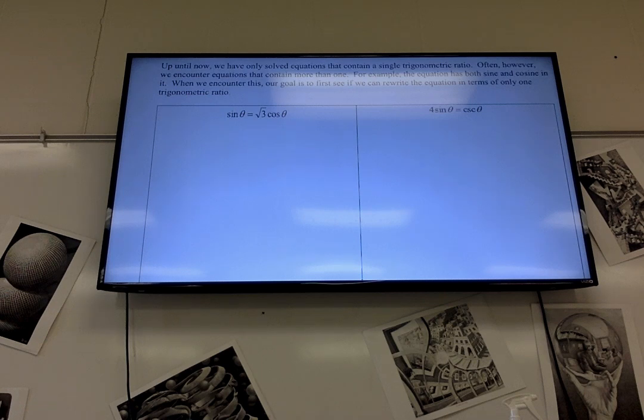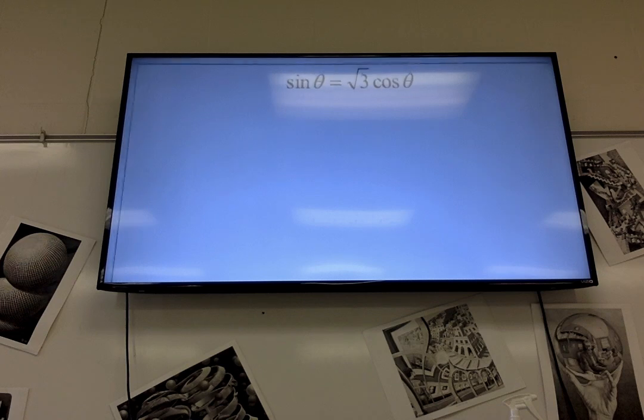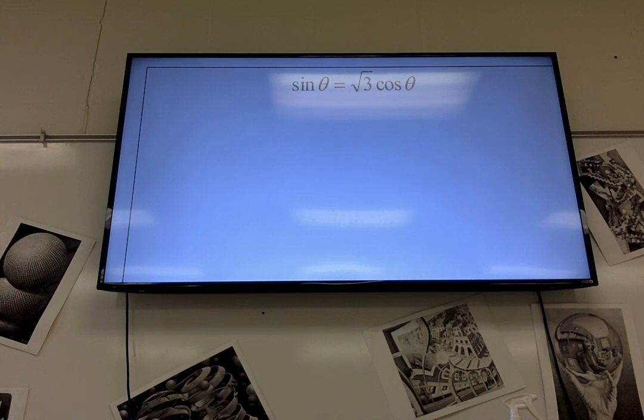So for this problem, notice that it doesn't just have sine or just have cosine, which is what we usually have. It has both. But I want to see if I can rewrite it so that it only has one. What can I do to make this just have one trig function?